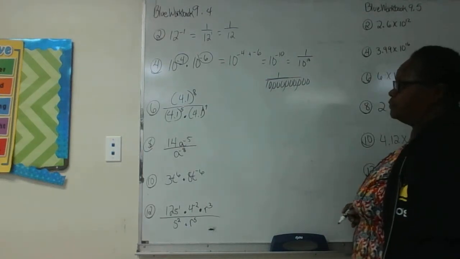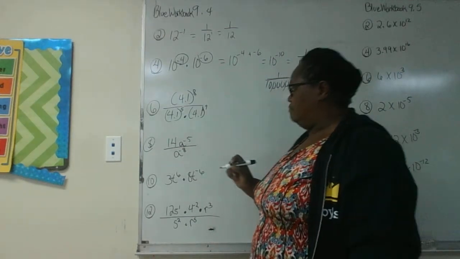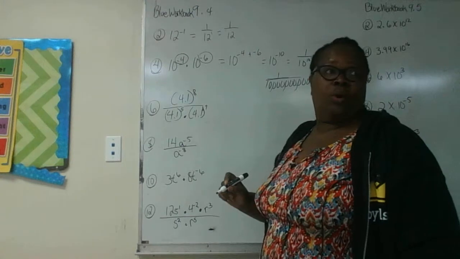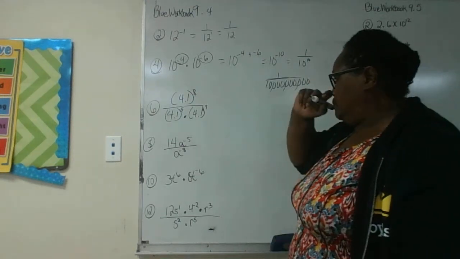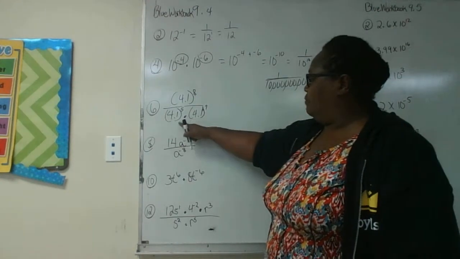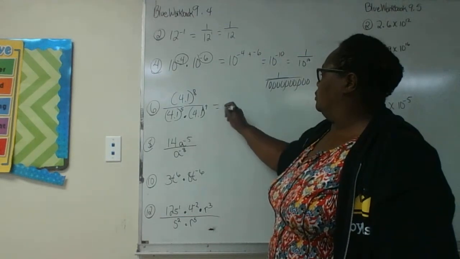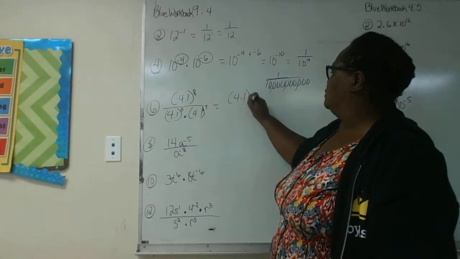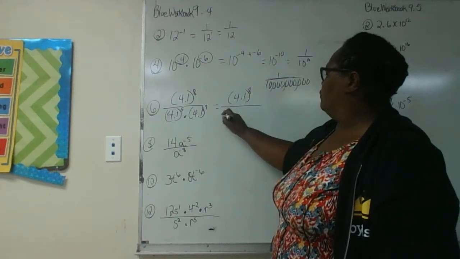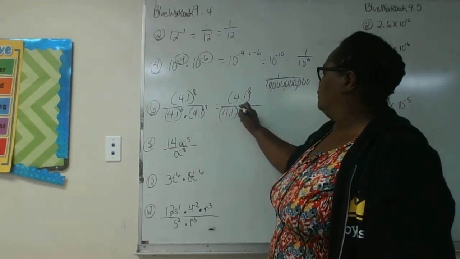Now, moving forward. Here, we have 4.1 to the 8th power being divided by 4.1 to the 5th and 4.1 to the 7th. So here we are. 4.1 to the 8th over 4.1 to the 5th.